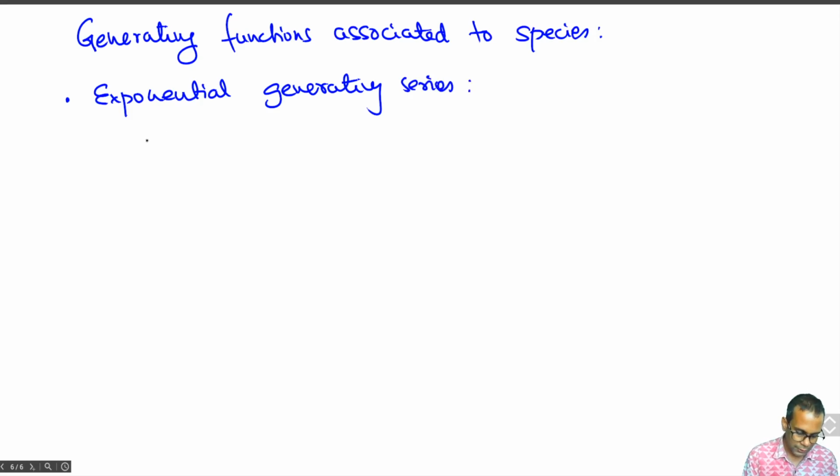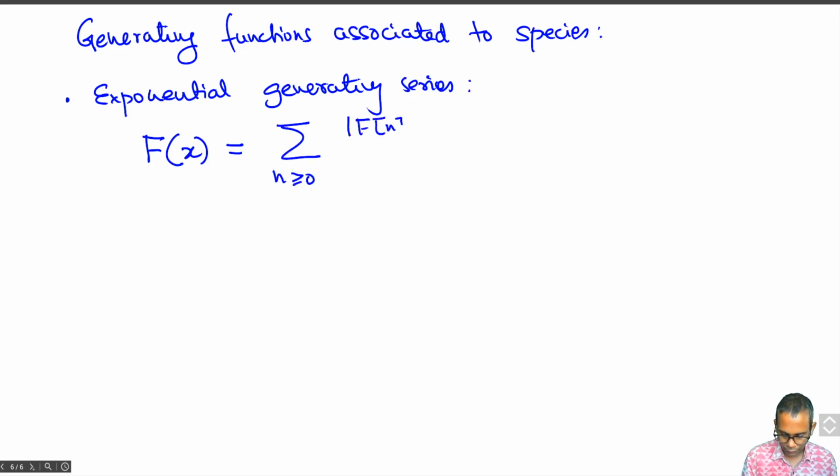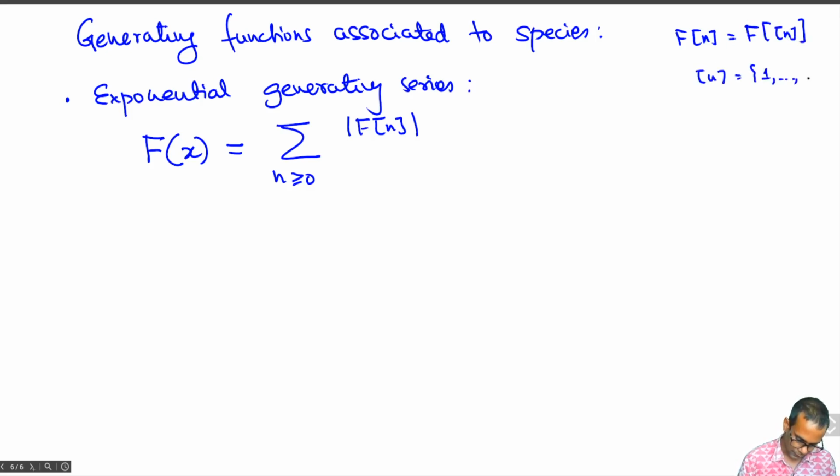So if I have a species F, I'll denote this just by F of x. And this is defined as the summation over n greater than or equal to 0 of the cardinality of F of n. So here the notation is F of n stands for F of, well, this box n, where box n stands for the set 1 to n. Okay, but it's an exponential generating function.